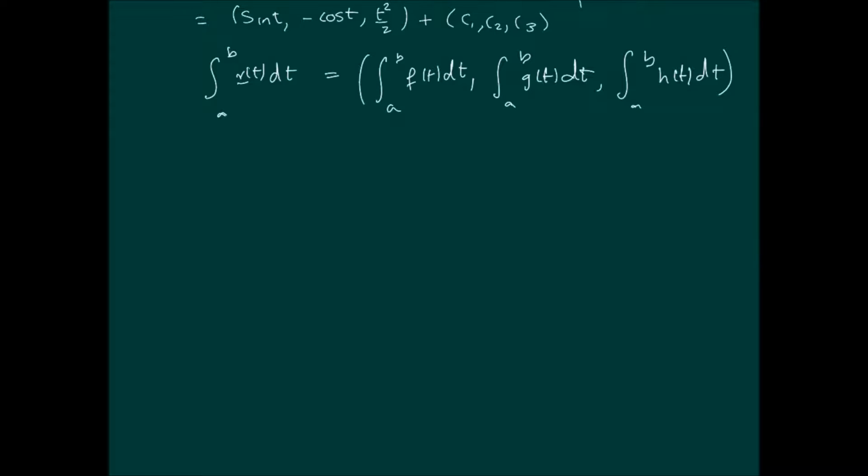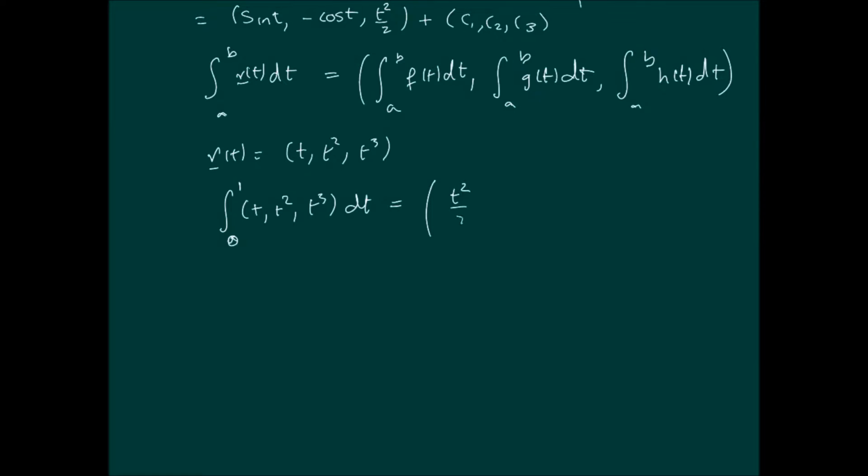Now, I'll do an example of this one here. Suppose r of t were t squared, t cubed, and we were looking at integrating this from 0 to 1. So we were looking at the integral from 0 to 1 of t squared, t cubed, dt. Then that, of course, would be equal to the individual integrals.